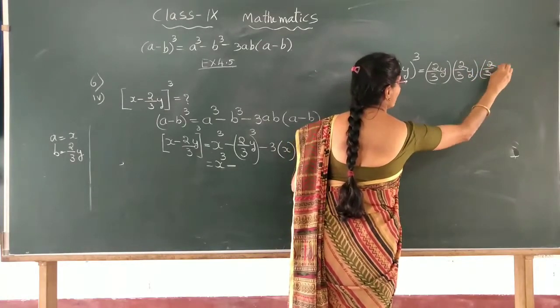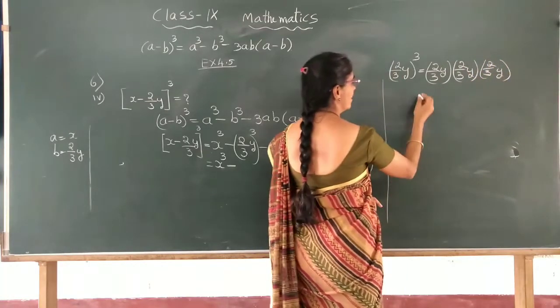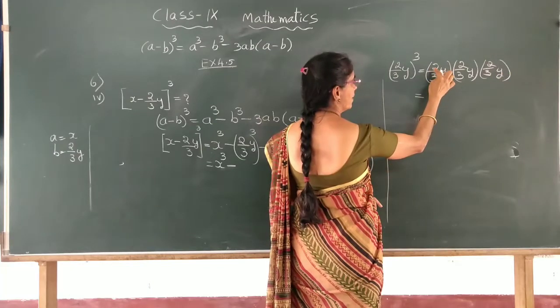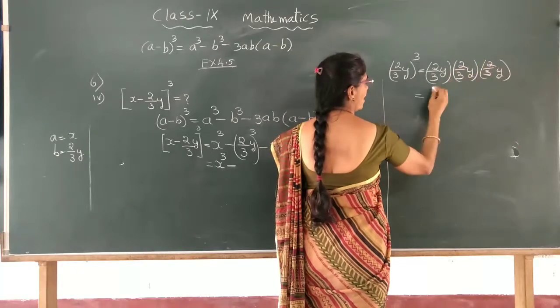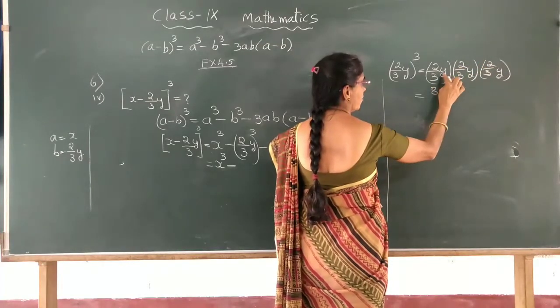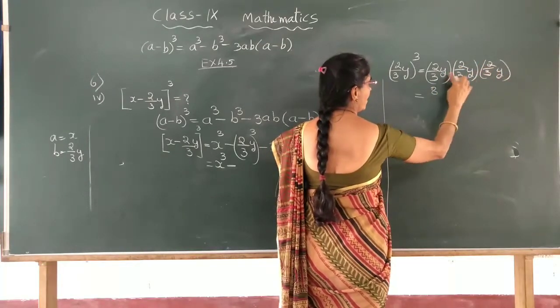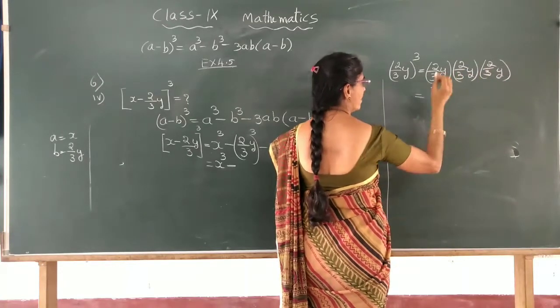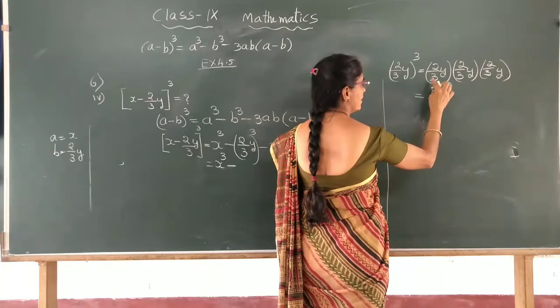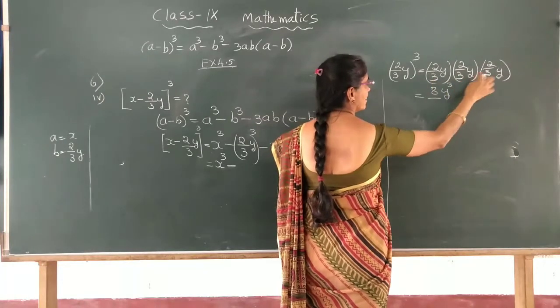Now multiply all the numerical values in the numerator: 2 2s are 4, 4 2s are 8. Then y into y into y, multiplied 3 times, so y to the power 3. In the denominator, 3 3s are 9, 9 3s are 27.